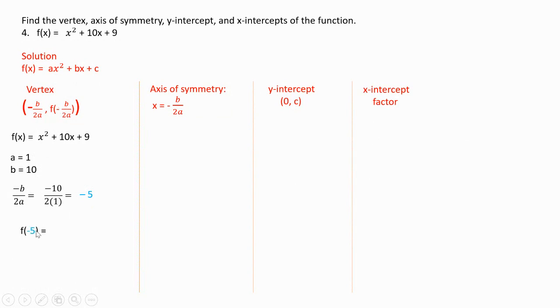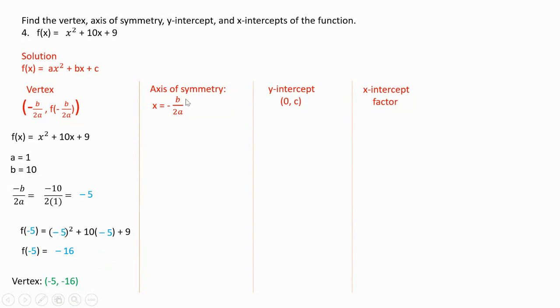Now we find the y part, so we find f of negative 5, which means I'm going to plug in negative 5 there, and also there where the 10 is. So it's negative 16. Then this is my vertex: negative 5, negative 16.